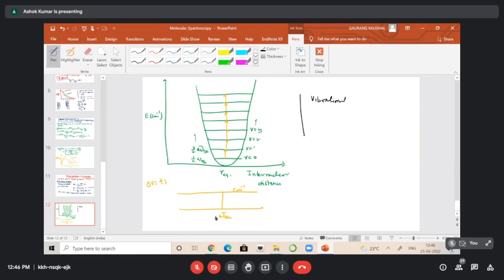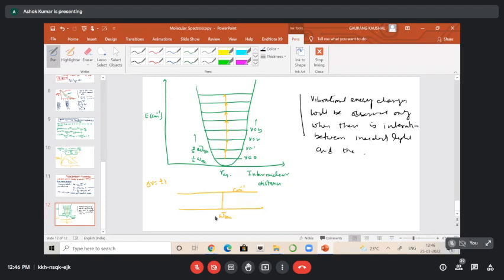Vibrational energy changes will be observed only when there is interaction between incident light and the dipole moment of the molecules.